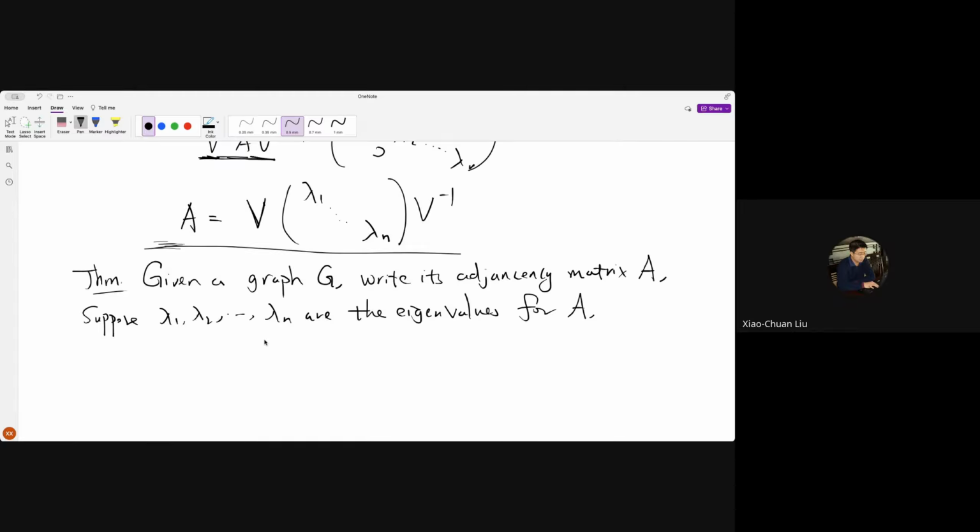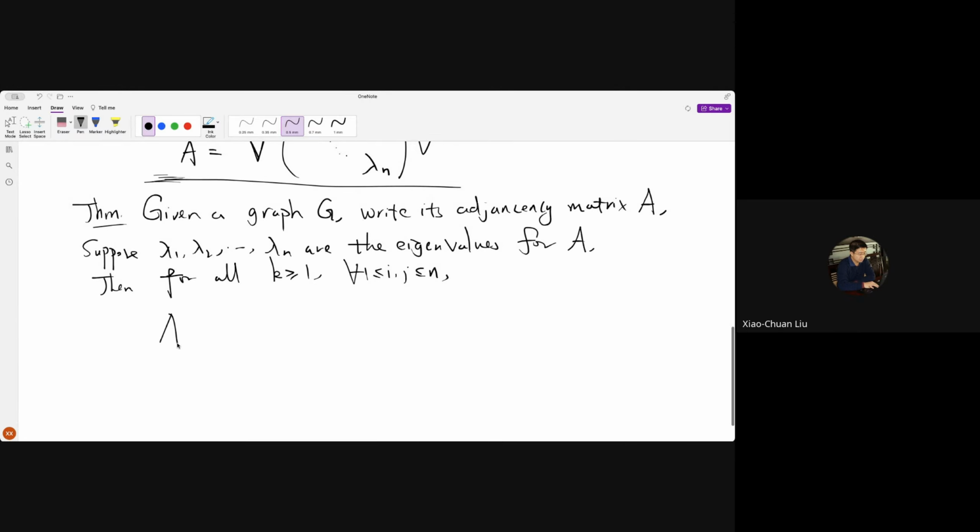So this theorem says that for any positive k, and for any indices, I'm interested again in this entry ij.